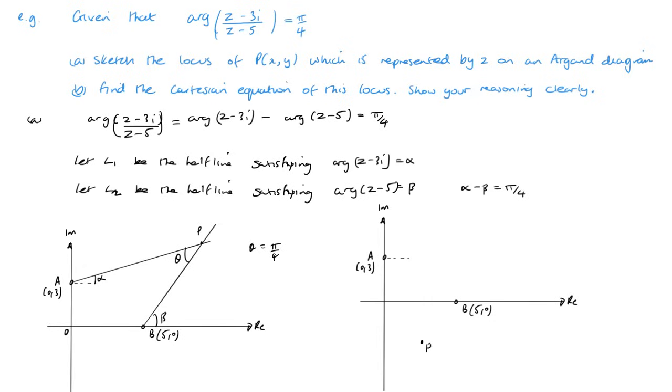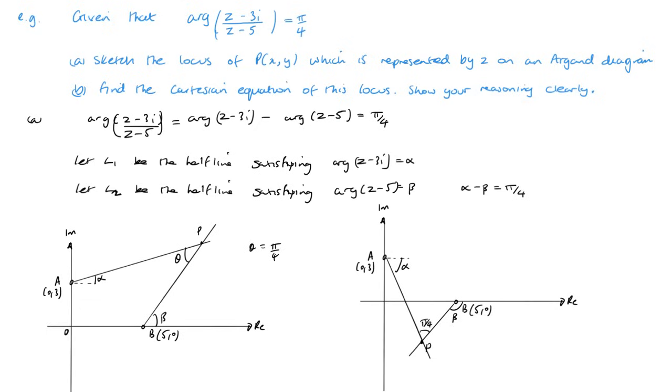So now if I join my lines to P down here, and then from A like so. Now alpha is here and beta is here, and this is obviously still pi by 4.